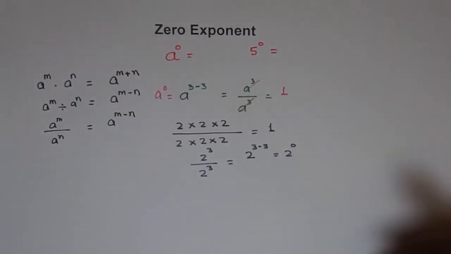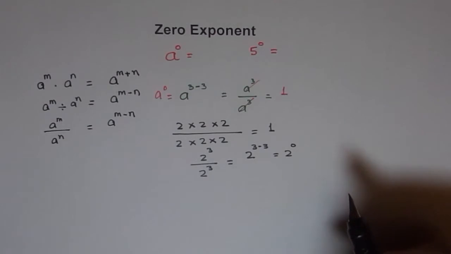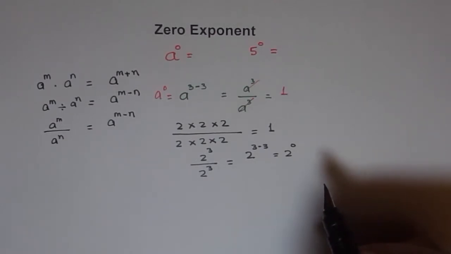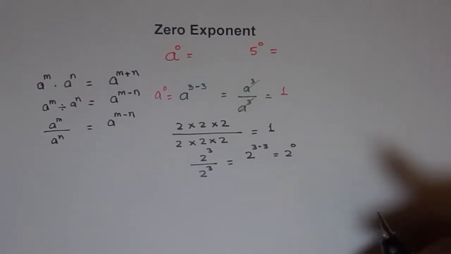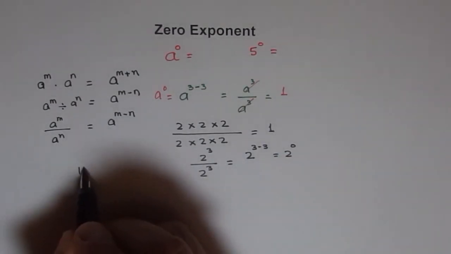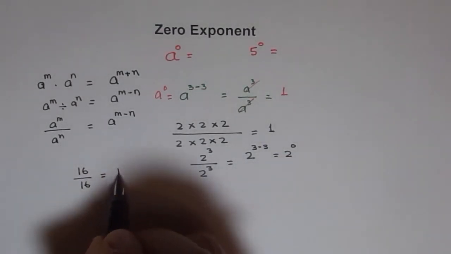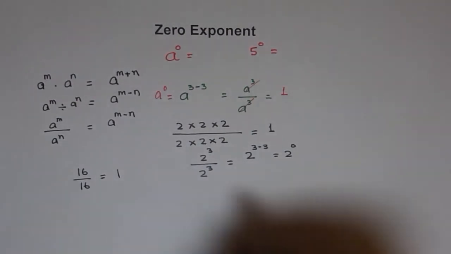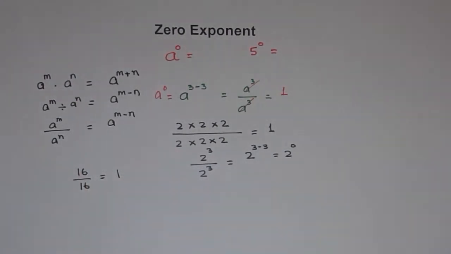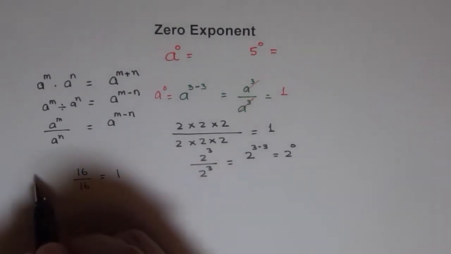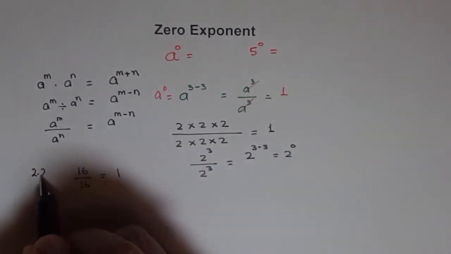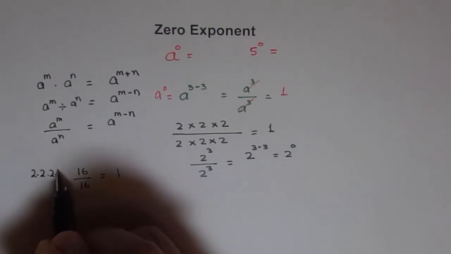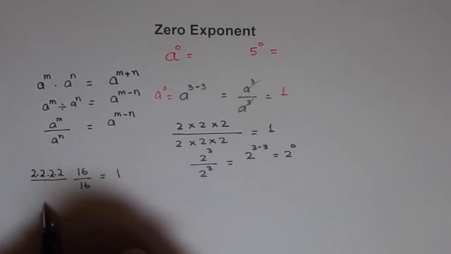Wow. Correct? So what we see is that if we divide the same base with the same exponents, we get 1. Of course, if I divide, let's say, 16 over 16, we of course get 1, right? 16 could be written as 2 times 2 times 2 times 2, that is 2 to the power of 4.